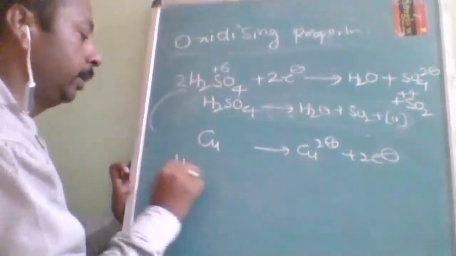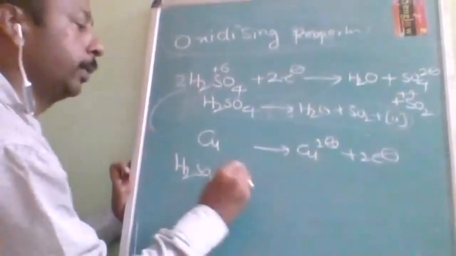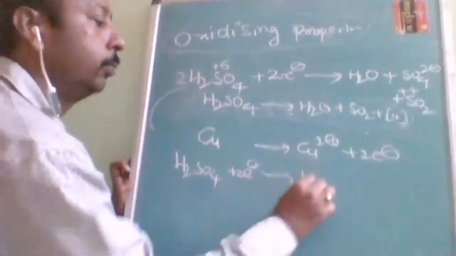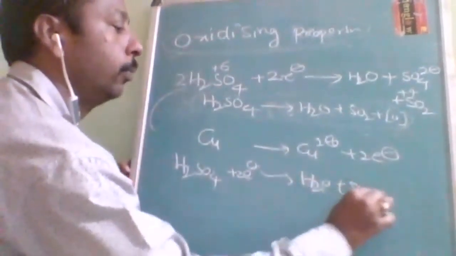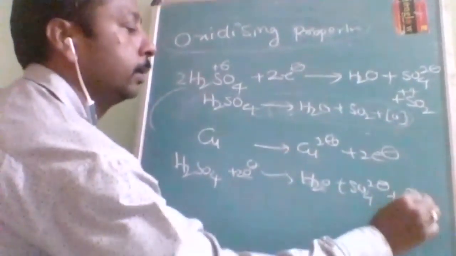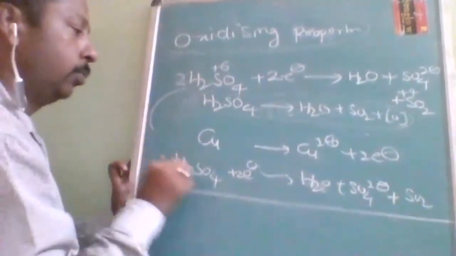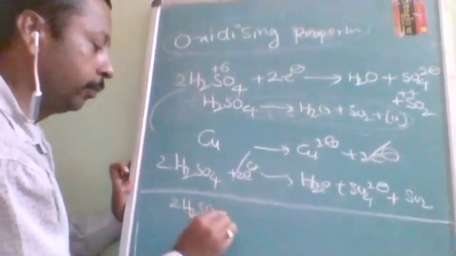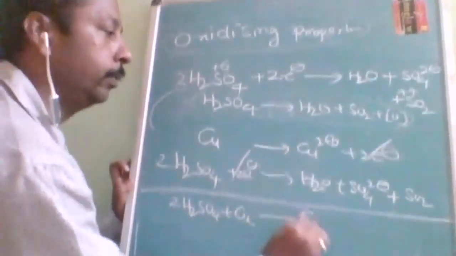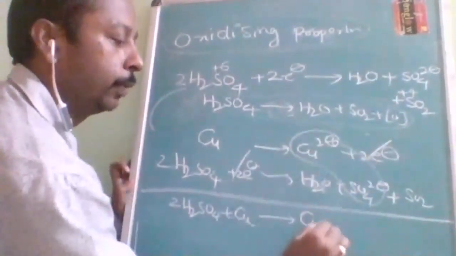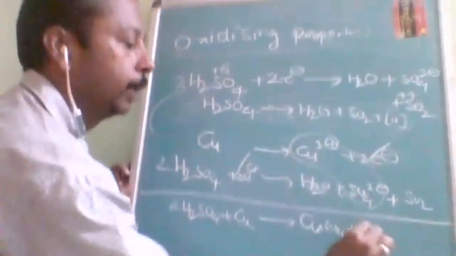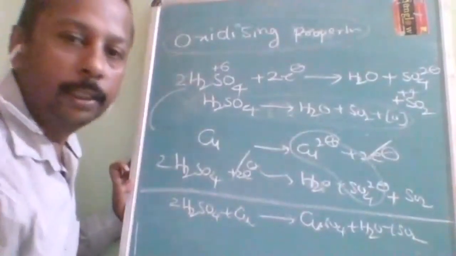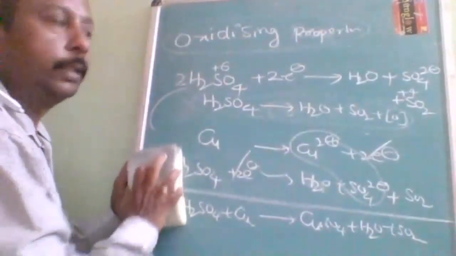Now I will combine this with H2SO4 plus 2 electrons gives H2O plus SO4 2- plus SO2. The 2 electrons will get cancelled. 2 H2SO4 plus Cu will give CuSO4 plus H2O plus SO2. That's all. If you remember these two equations, it is easy to understand.